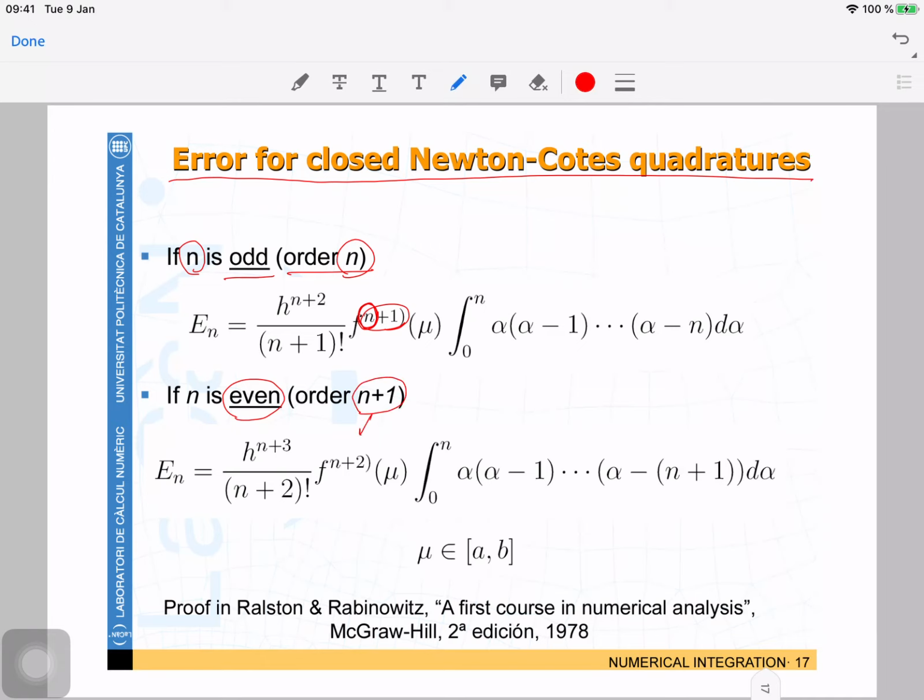Here the order of derivative for f is n plus 2, which is n plus 1 plus 1, and then the order becomes n plus 1. It means that if n is even, then we can exactly integrate a polynomial of degree n plus 1, or 1 more than the choice of n.